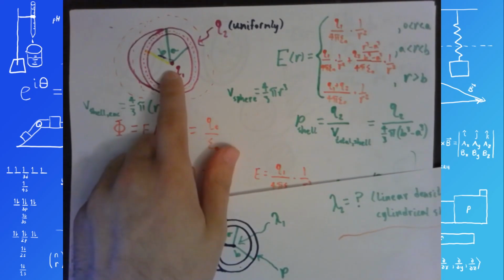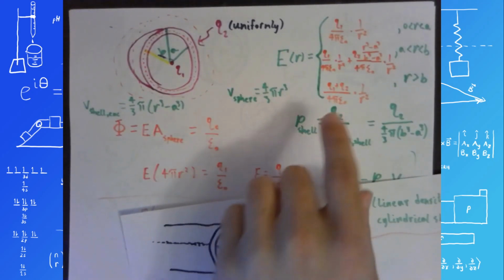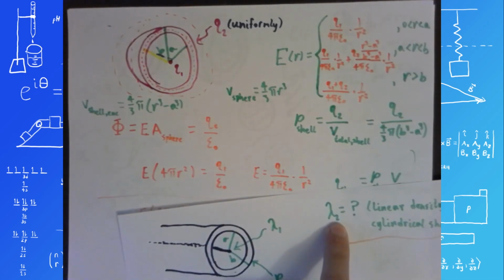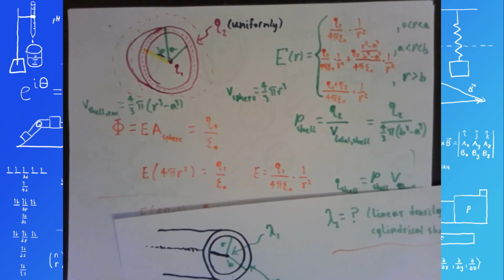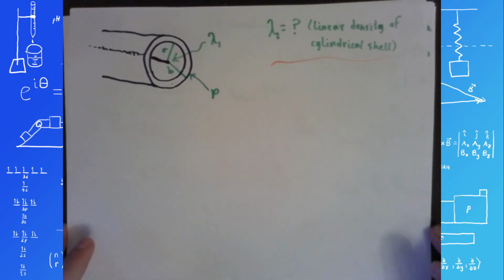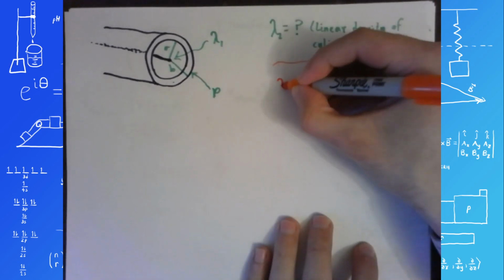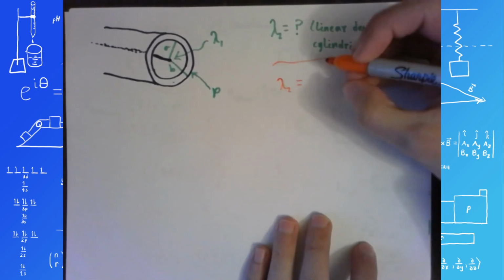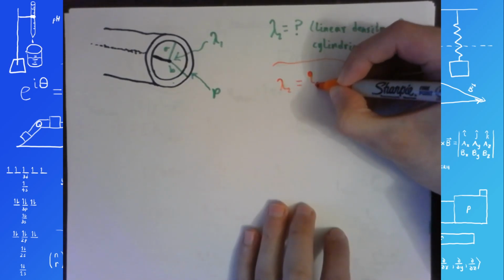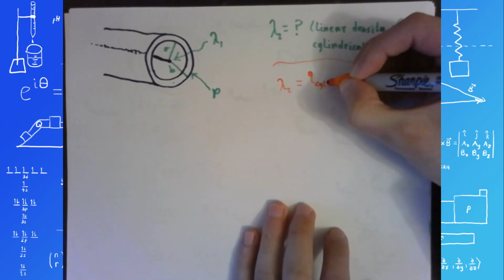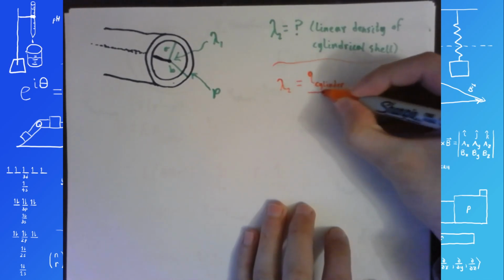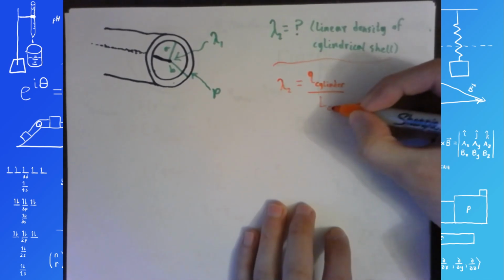What we did there was take the total charge divided by the total volume. If we want a linear charge density, we take the total charge divided by the total length. So lambda 2 is equal to Q total of the cylinder over the length of the cylinder.